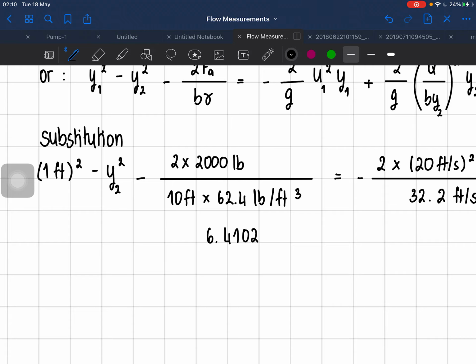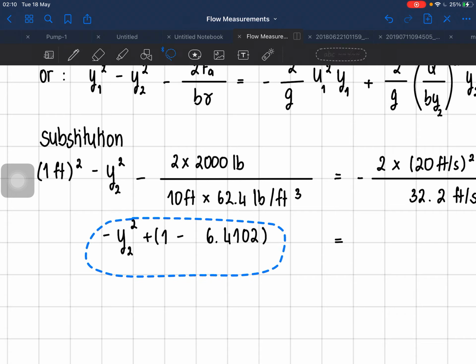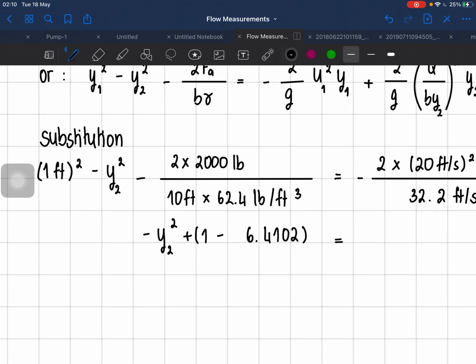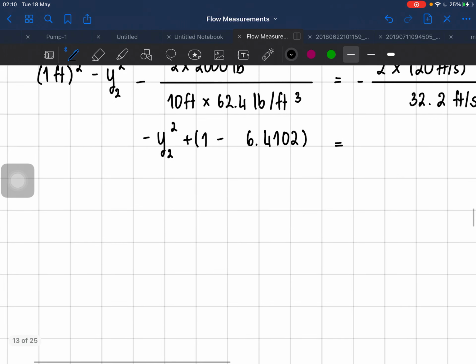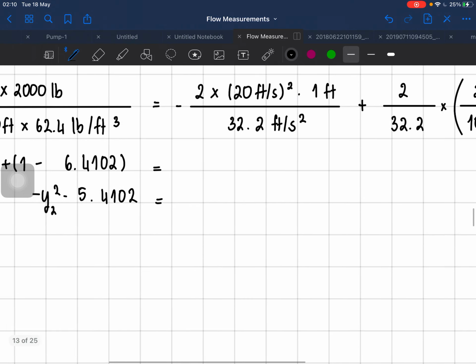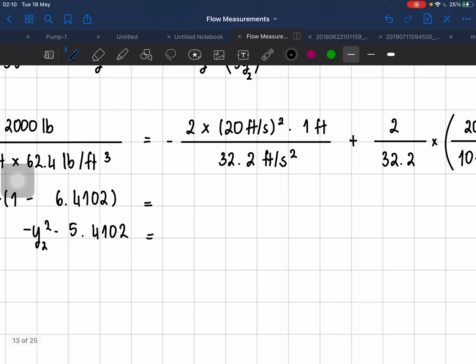So it's 1 minus that, right? Equals the right side here. So 1 minus the answer here, it's minus 5.4110. Okay, so now we have the left side here.